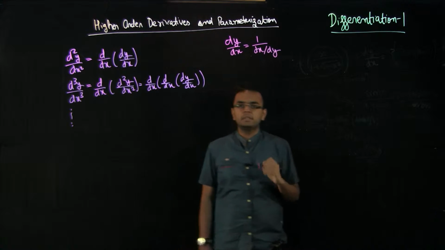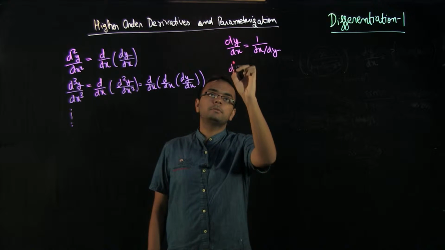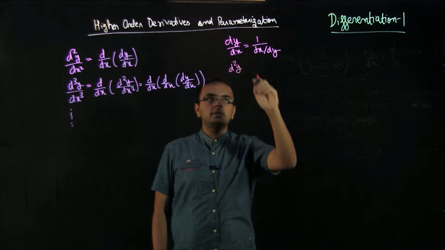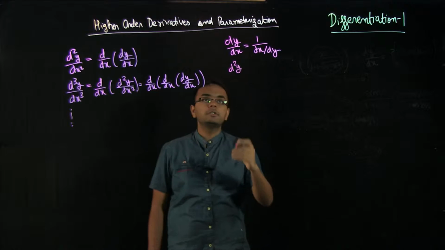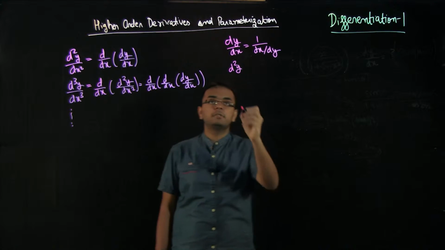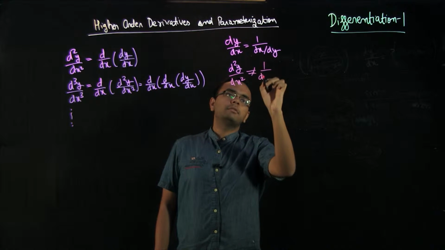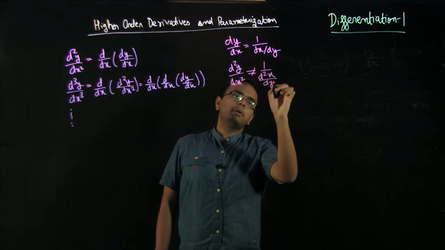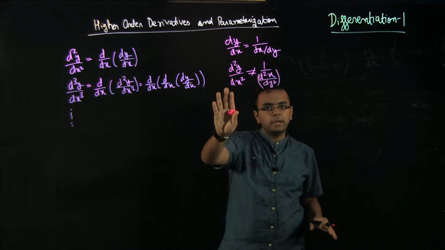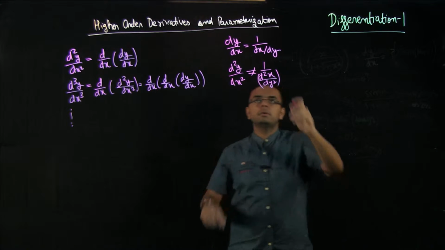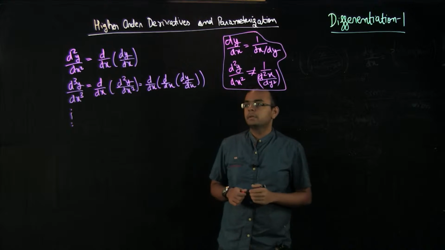However, please note and do not get confused: if you have differentiated just once, then dy by dx is equal to 1 by dx by dy makes sense, but whenever you have differentiated twice, with two differentiations with respect to x, this is not the same as 1 by d square x by dy square, because the second differentiation here is with respect to y, and here it is with respect to x. This is a side note, so do not forget this.